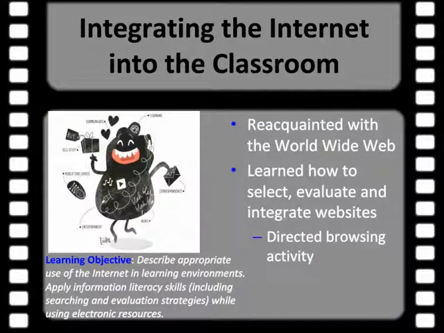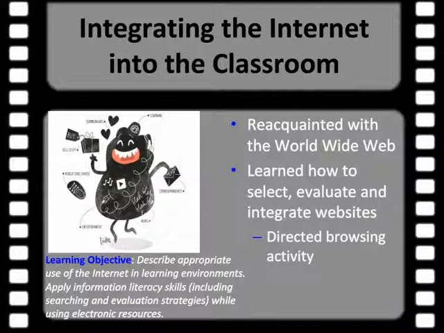The next phase of our journey started with the World Wide Web, or the internet, and we looked at different ways to evaluate resources. I provided you with a rubric just to help with the discussion on how you really evaluate resources and determine whether or not resources are credible. And then you created a directed browsing activity using Trackstar.